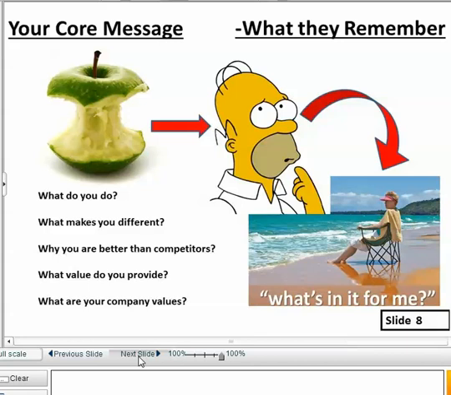In other words, what they remember. The most important thing they're going to remember is how that message elicits a feeling in them that they're getting what they're looking for. In other words, what's in it for them. This provides something that I really want.